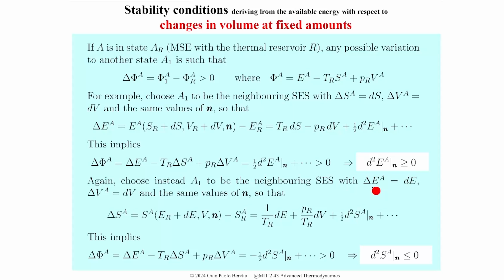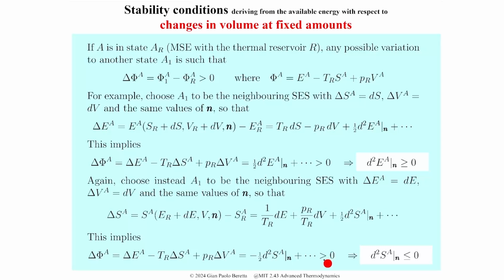Or if I choose instead to change the energy and the volume, and to move along the stable equilibrium state curve so that the entropy is determined by the fundamental relation, then delta phi becomes equal to minus the second differential of the entropy.